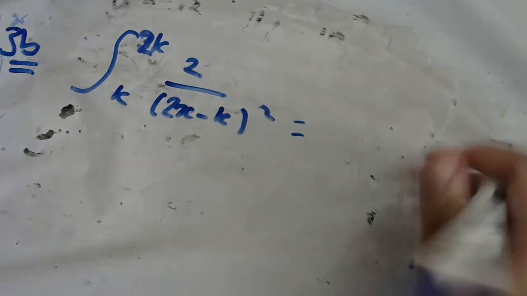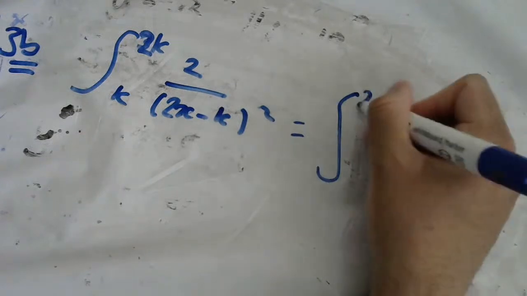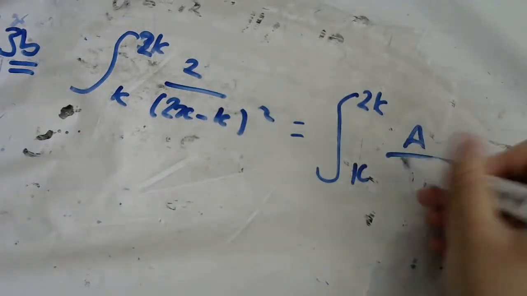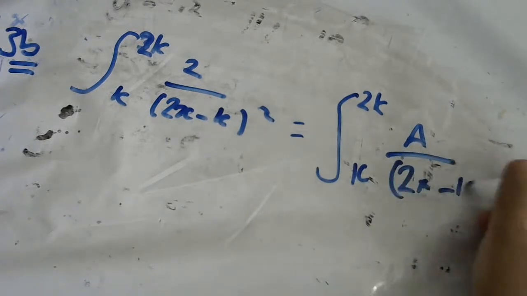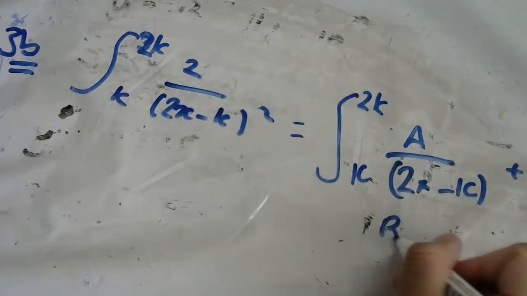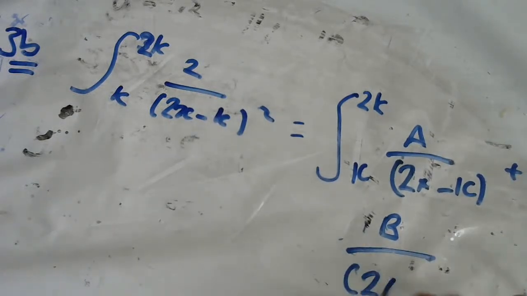This is very much one where you have to split this up into the form A over 2x minus K, and then B, I don't know if you're going to see, so I'm going to put it down here. B over 2x minus K. And then you've got to do something a bit weird with this.